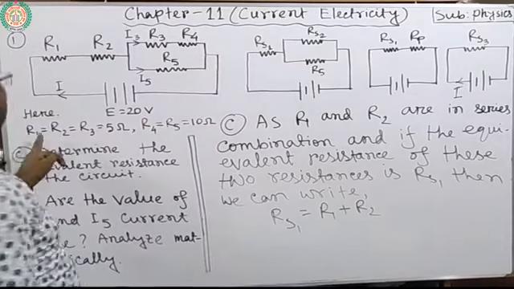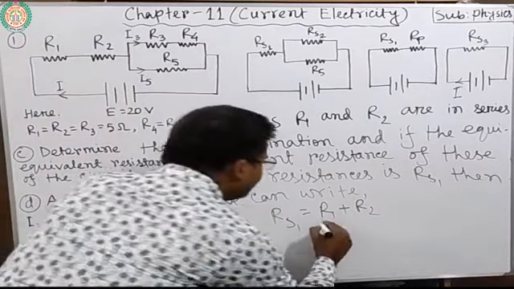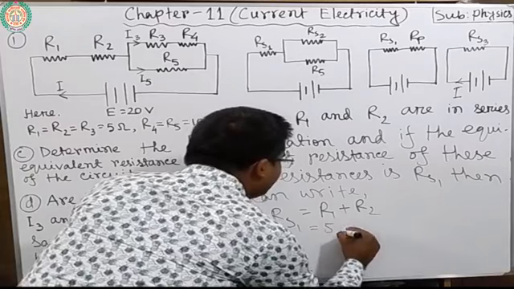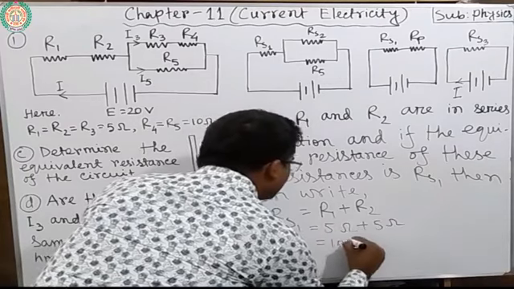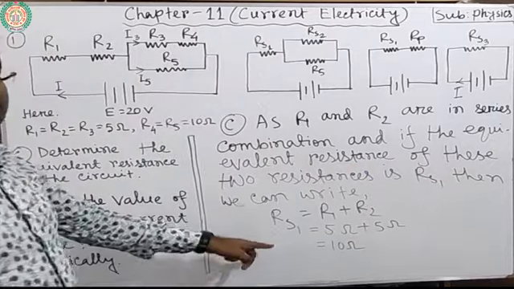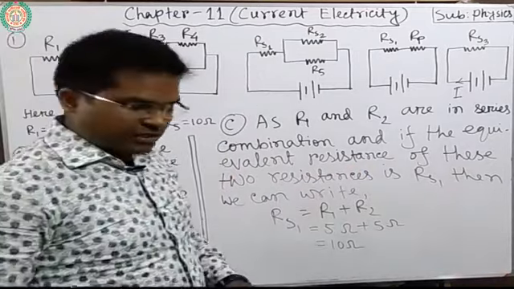The value of R1 is given here as 5 ohm and R2 is also 5 ohm. So 5 ohm plus 5 ohm, you can write 10 ohm. So dear students, the value of RS1 is 10 ohm.